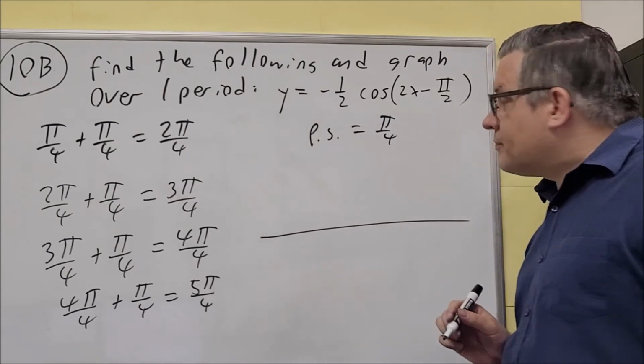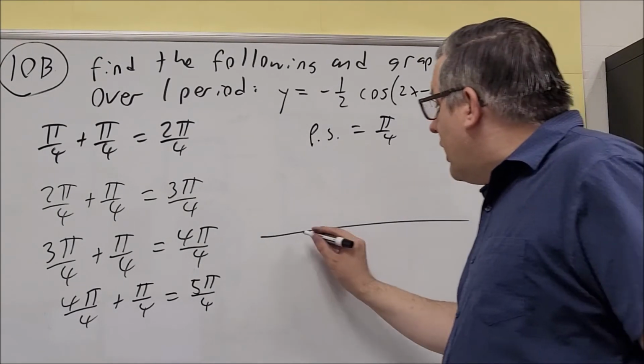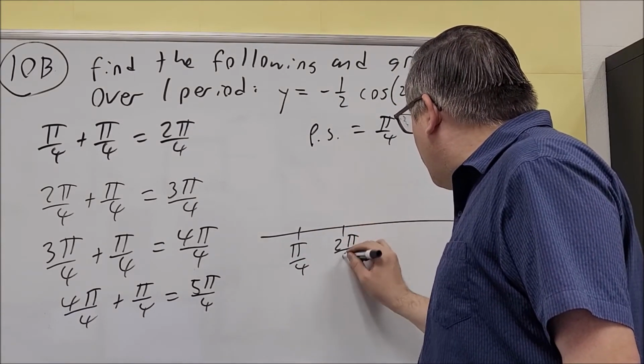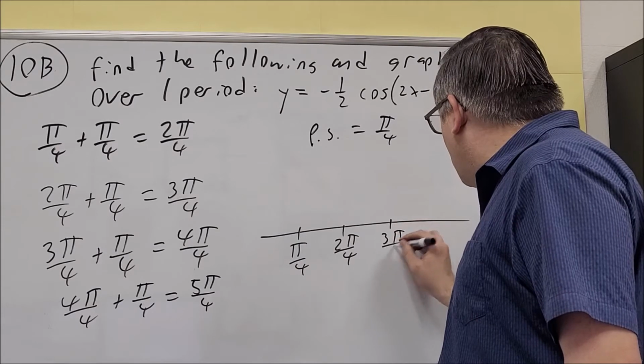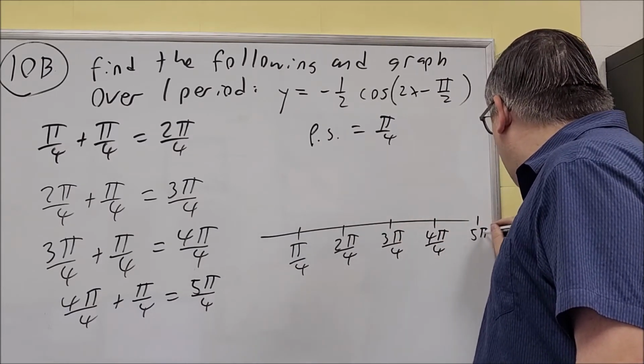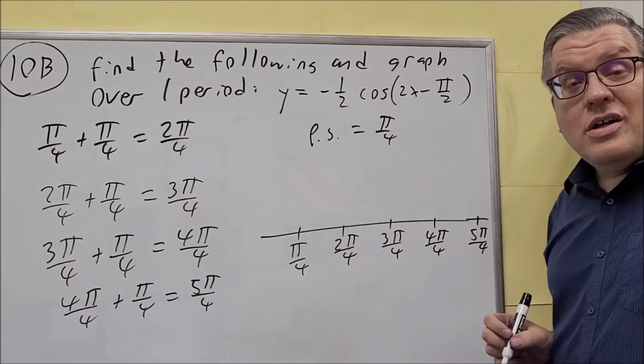Let's put them down on the graph. So first thing we have here is pi over 4, 2 pi over 4, 3 pi over 4, 4 pi over 4, 5 pi over 4. Those are going to be your key points.